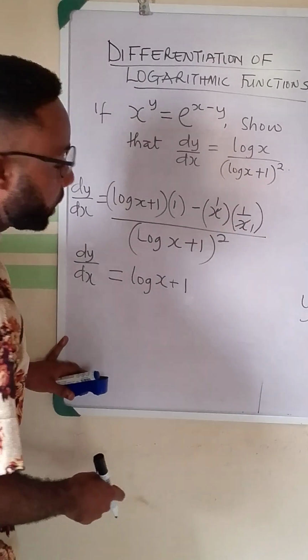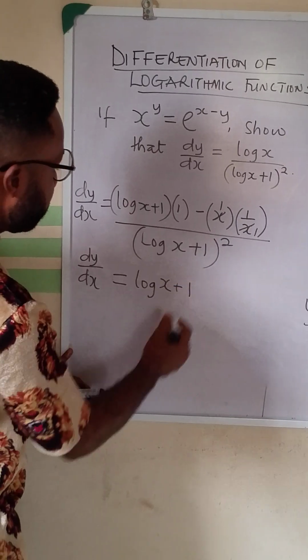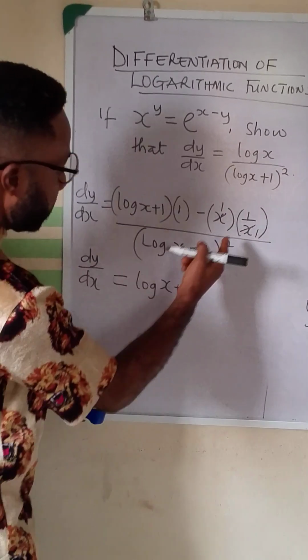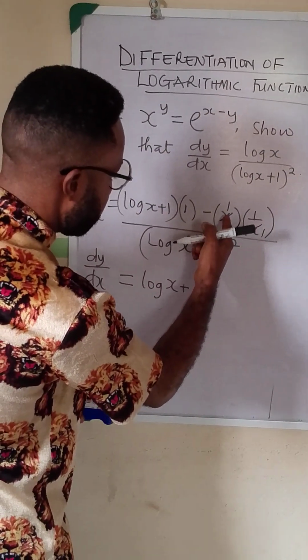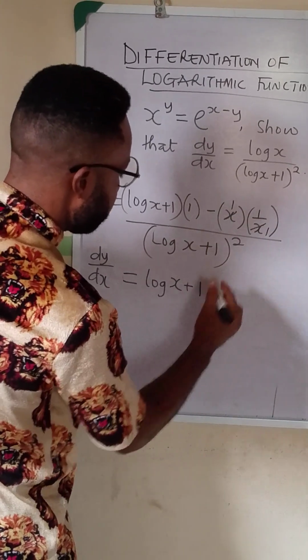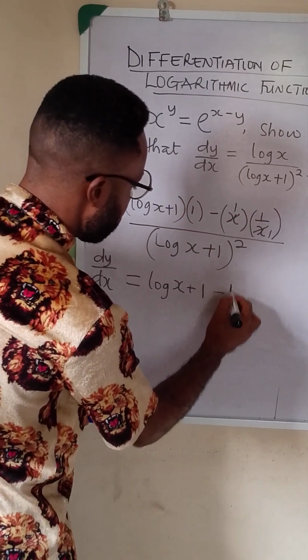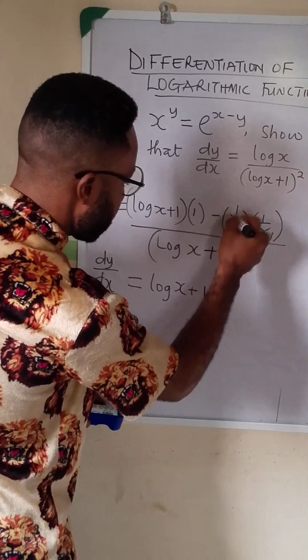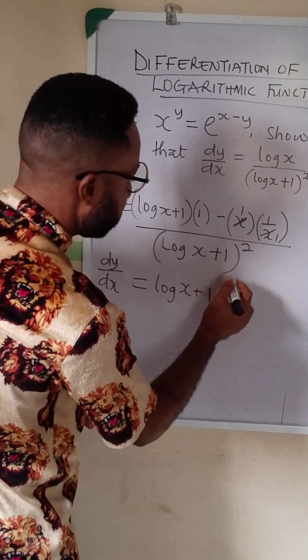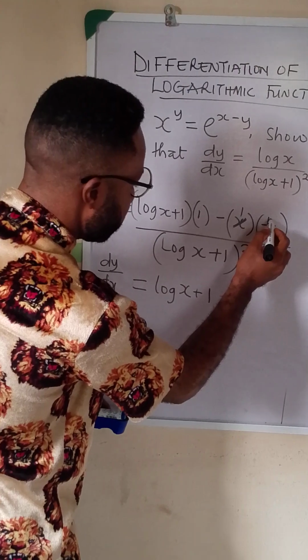Then we have minus 1, since x cancels out x, and 1 times 1 is 1.